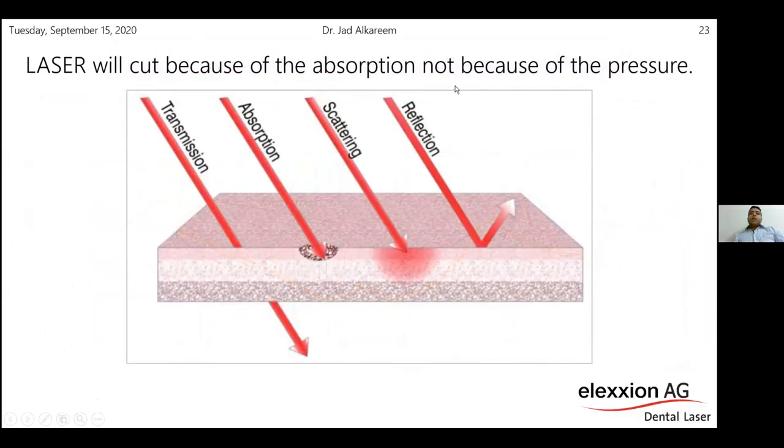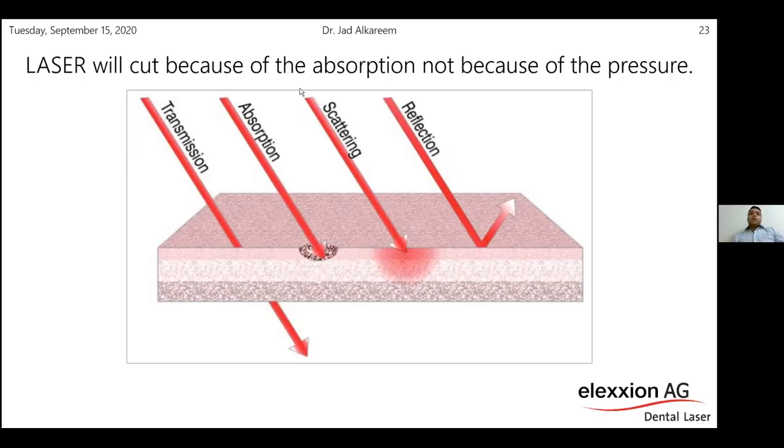So first, here we have the different effects of the wavelengths on the human tissue. If you are using an incorrect wavelength with an incorrect tissue, we will have a reflection. So there will be no absorption at all because both the tissue and the wavelength are incorrect, so absorption is not going to happen.